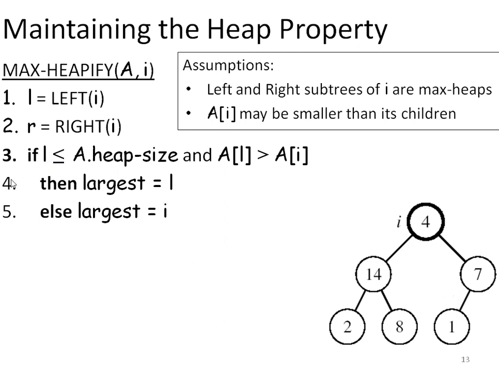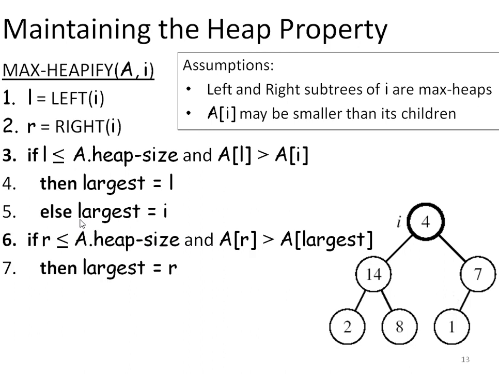So in line numbers 3, 4 and 5, we have simply compared the value of I with its left child. The next task is to compare whatever is stored in largest with R. So at line number 6, we check whether the right child exists or not. If it exists, then compare the value of the right child with the value at the index stored in largest.